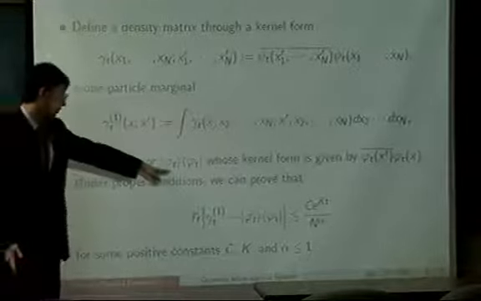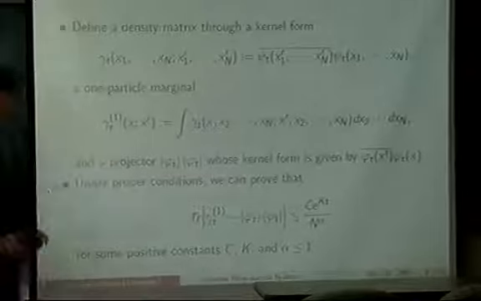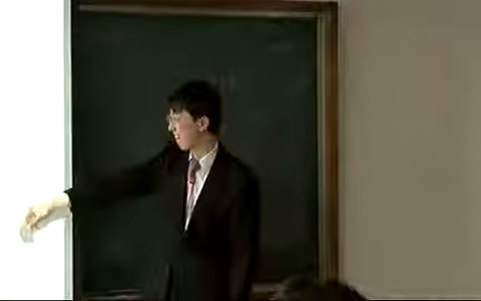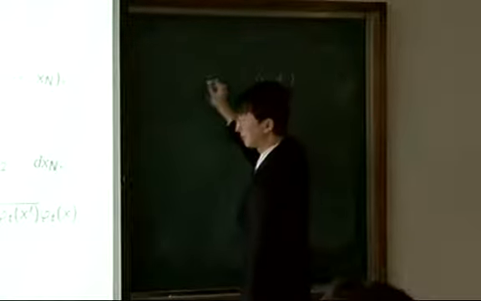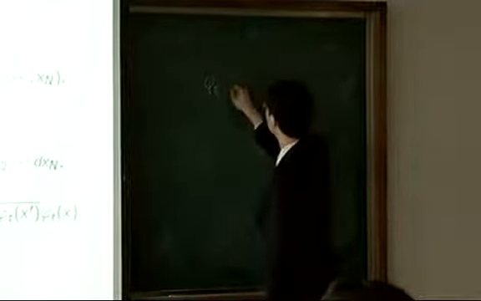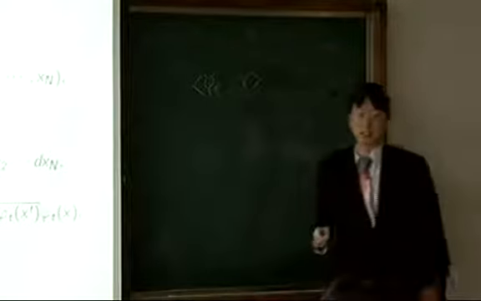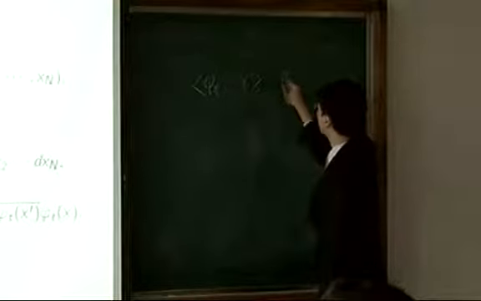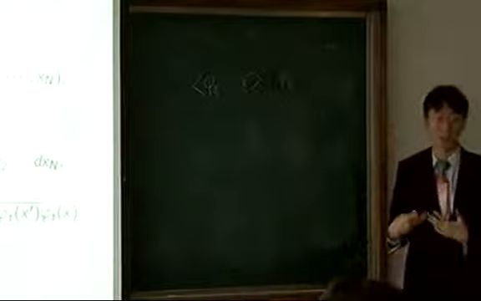So this |phi_t><phi_t| means that if we are given a function chi, then this operator, the projector, returns the inner product between phi_t and chi, times phi_t. So it indeed is a projector.